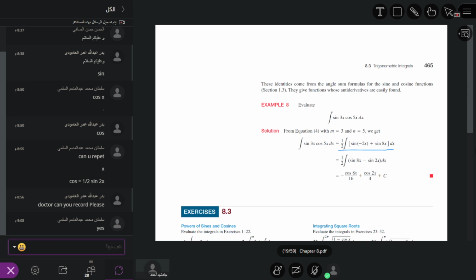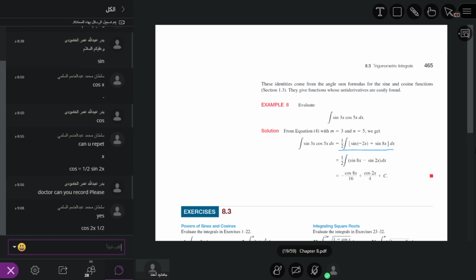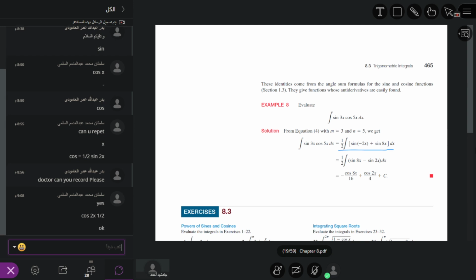So what is the integral of sine 8x? It is equal to minus cosine 8x divided by 8. And what is the integral of sine 2x?